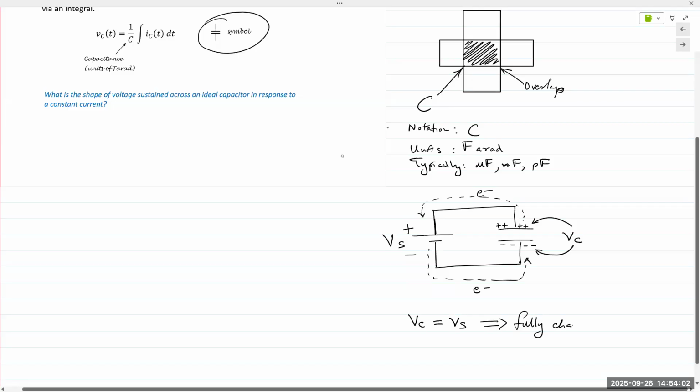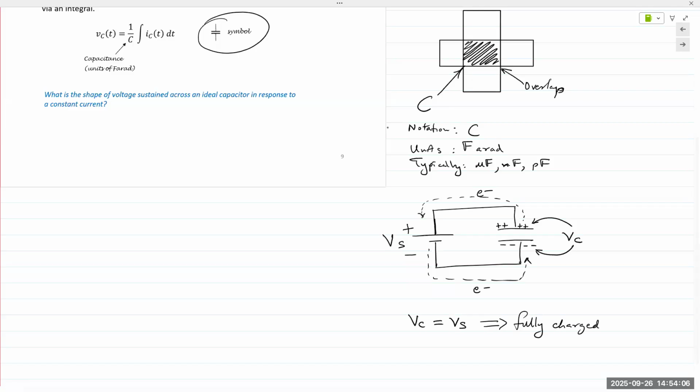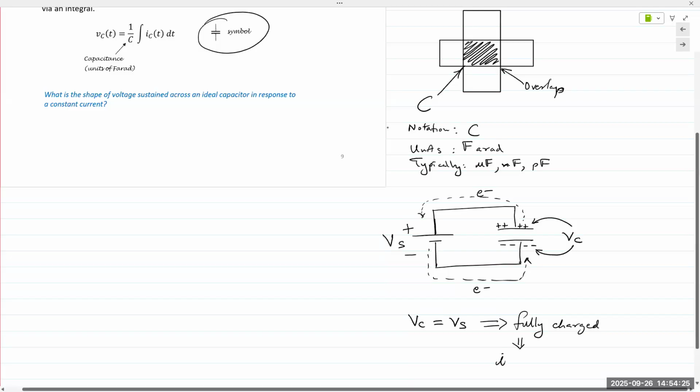It has stored as much energy as it can, 100% capacity. When that happens, there is no more flow of electrons, and because there is no more flow of electrons, we say that current is not flowing. So at this point, the capacitor current is equal to 0.